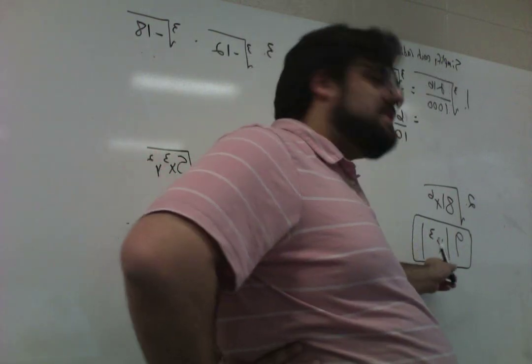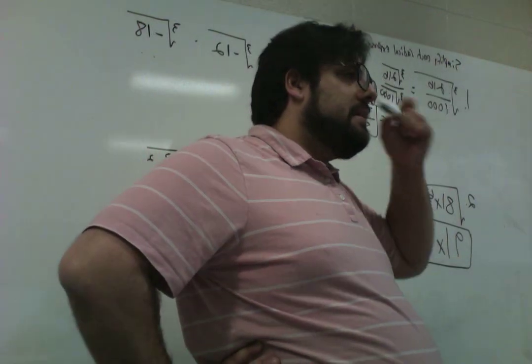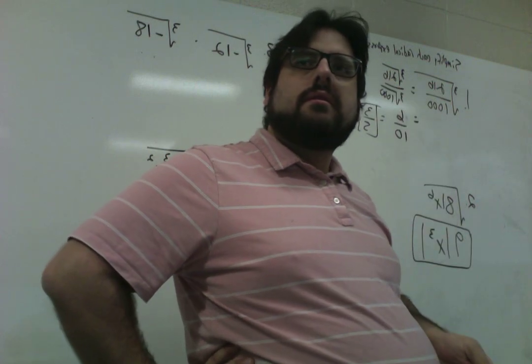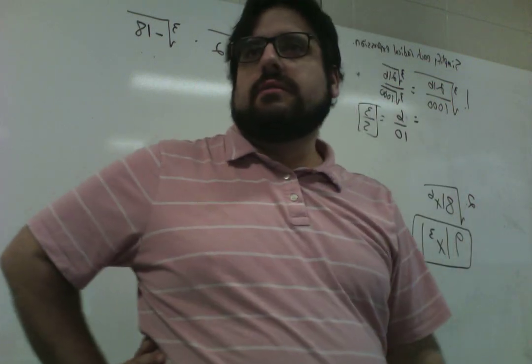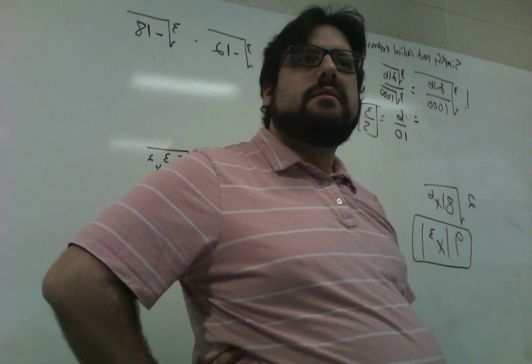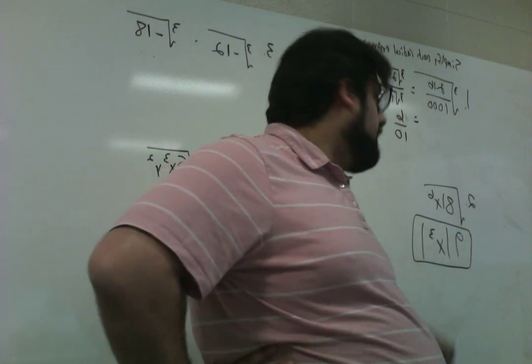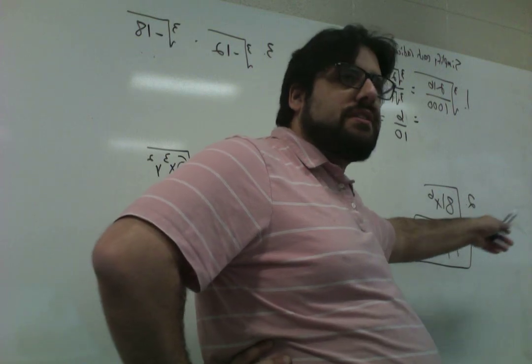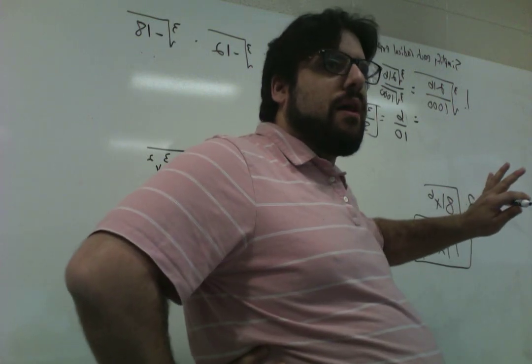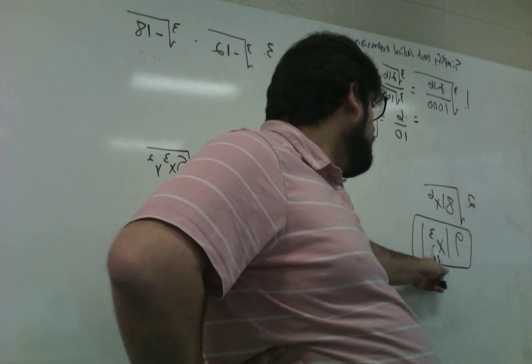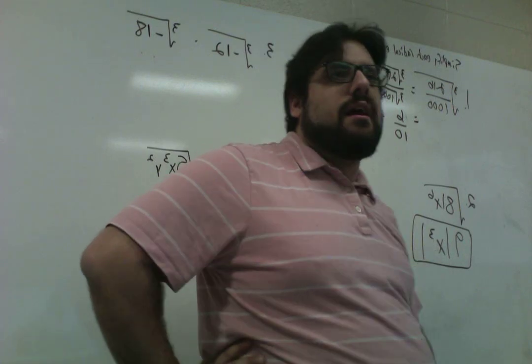If it's got an even exponent, then you don't. And this is only for even indexes. If this were cubed, then I wouldn't need it, but if the index is a 2, a 4, or a 6, then I'll have to apply absolute value, but only if your solution has an exponent that's odd.